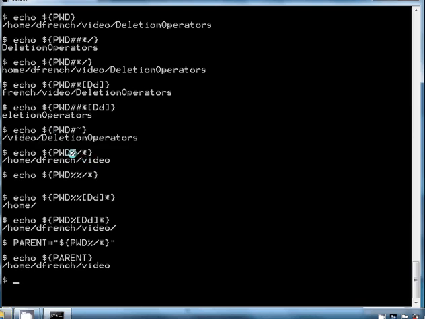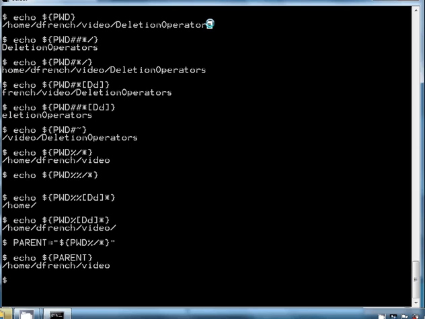Using the percent sign operator, we can match the smallest matching pattern from the end of the value that matches the pattern slash star. That would match up to the smallest value that is a slash followed by 0 or more characters.